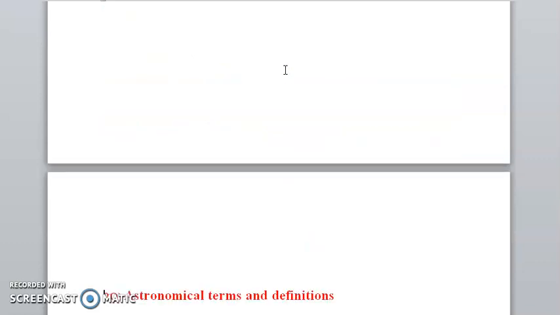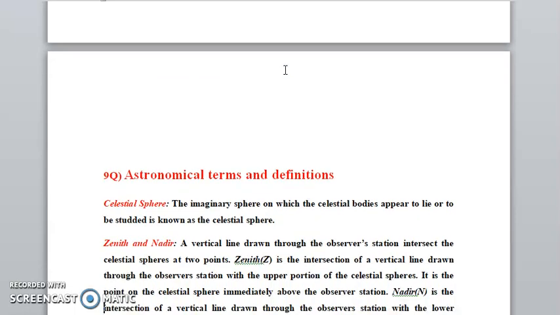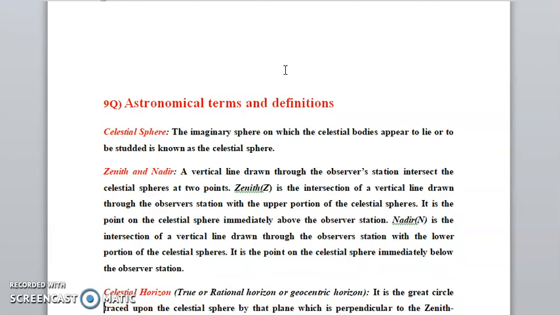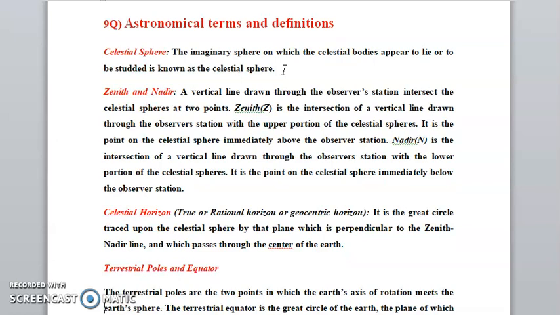Now we go to astronomical terms and definitions. One by one we will go. First, celestial sphere; second, zenith and nadir; third, celestial horizon. Next, terrestrial poles and equator.